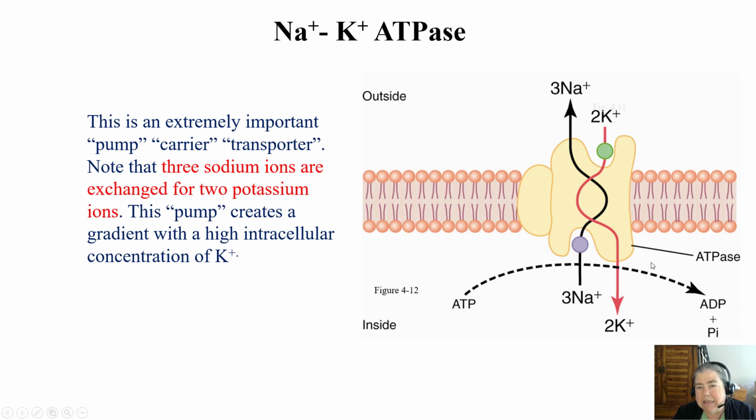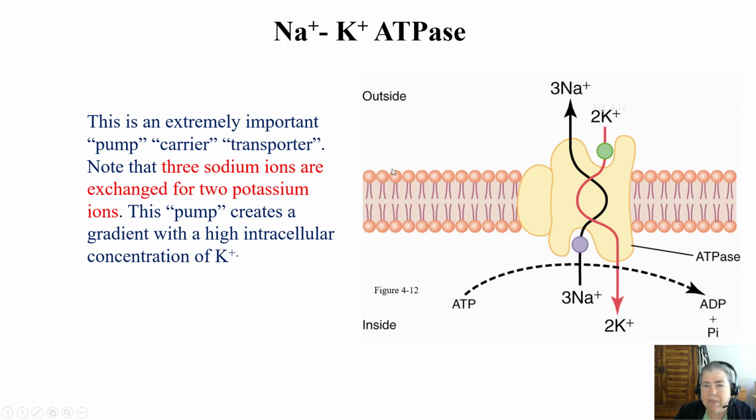So this pump or transporter or carrier will move 3 sodium ions out of the cell and 2 potassium ions into the cell, using an ATP molecule that is then broken down into an ADP plus a phosphate.